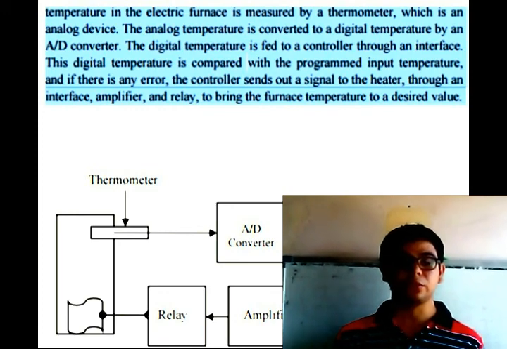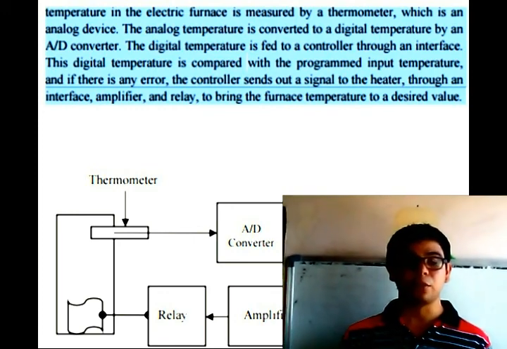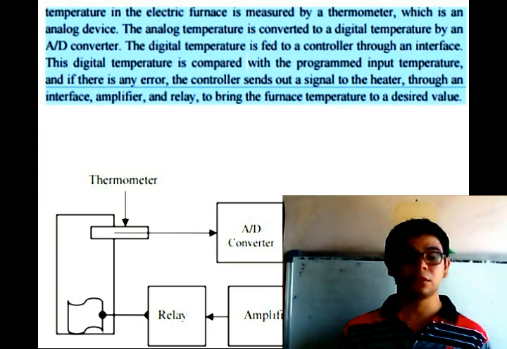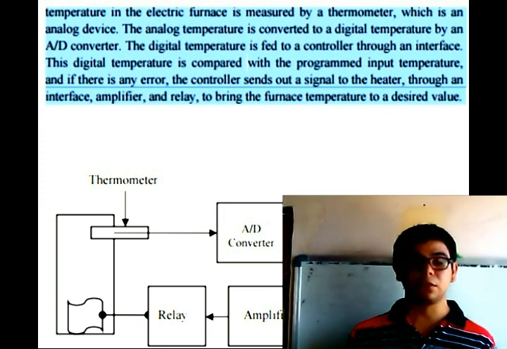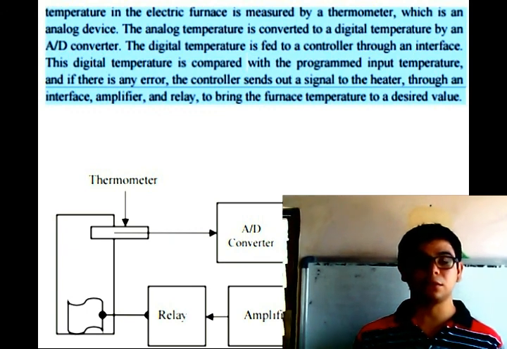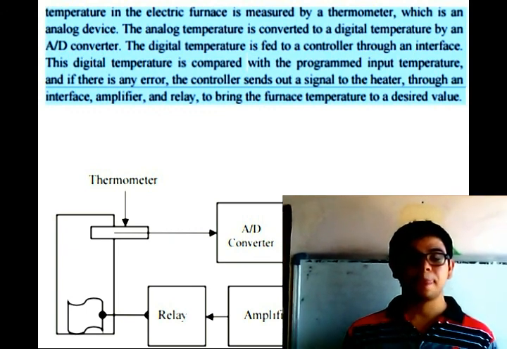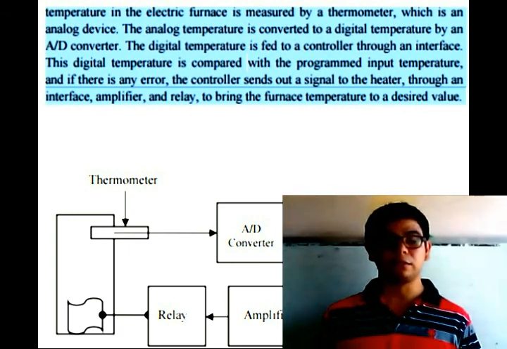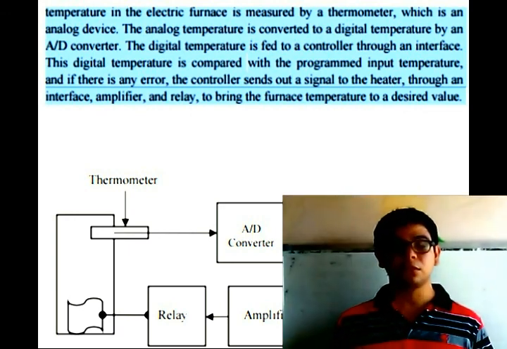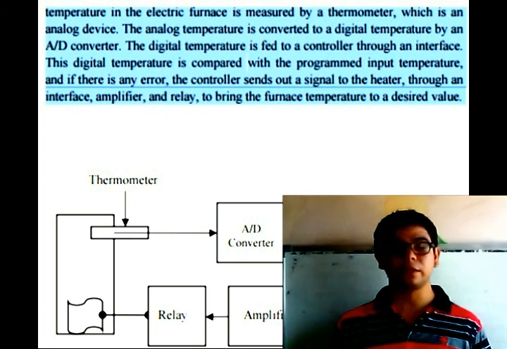This digital temperature is compared with the programmed input temperature, and if there is any error, the controller sends out a signal to the heater through an interface, amplifier, and relay to bring the furnace temperature to a desired value.